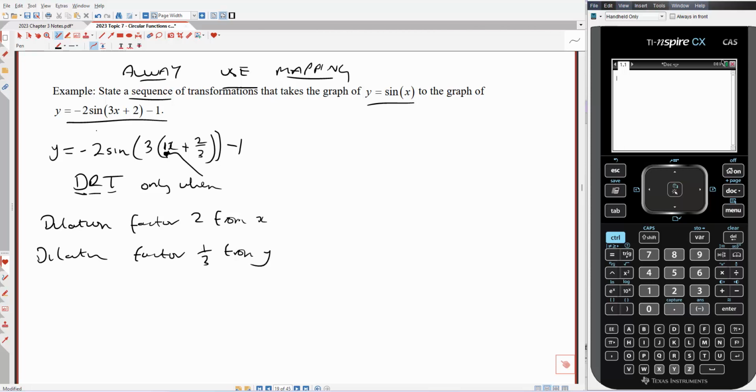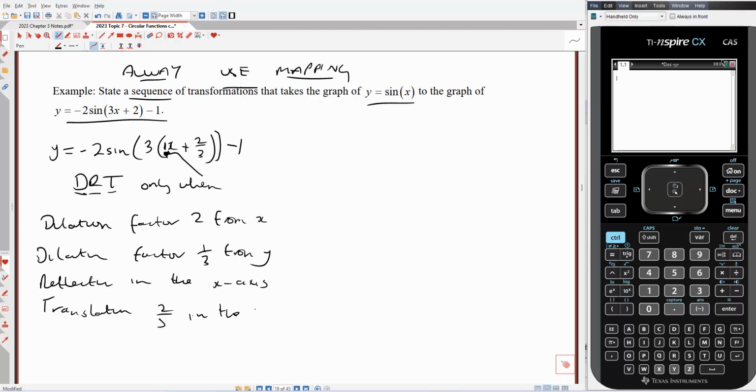Okay, now reflections. We can see this negative sign. That's a reflection in the x-axis. All right, now the translations. So we can see that it's a translation 2/3 in the, so this is plus 2/3.